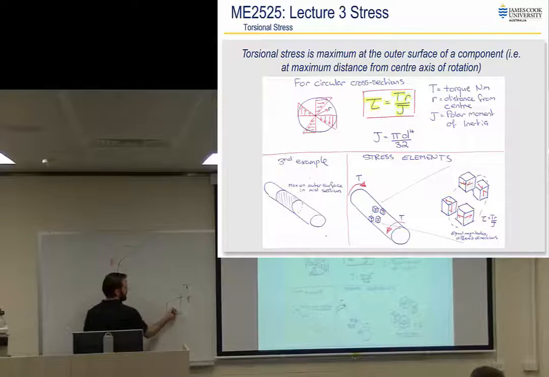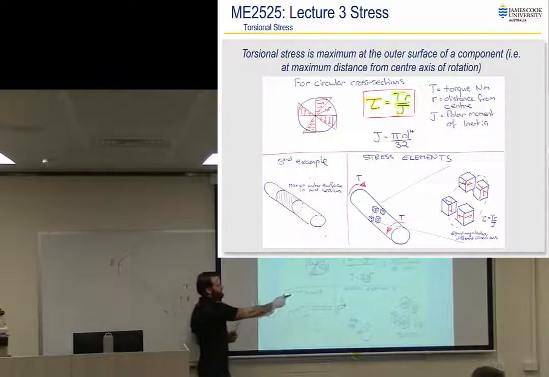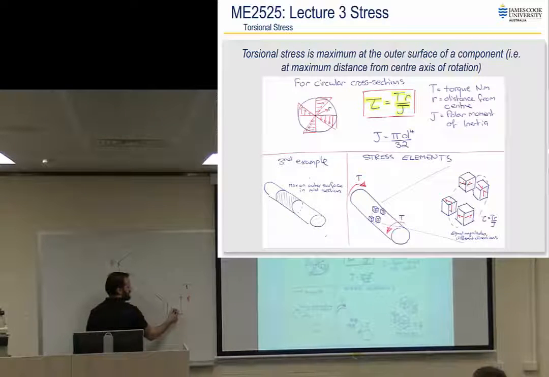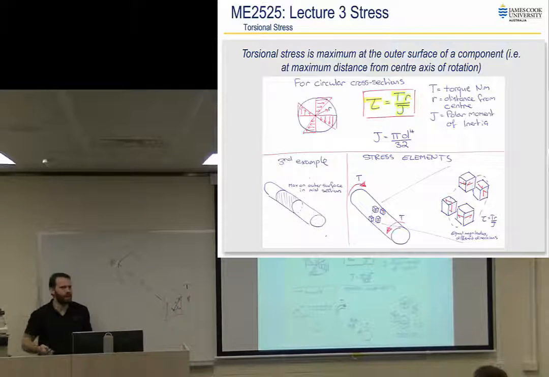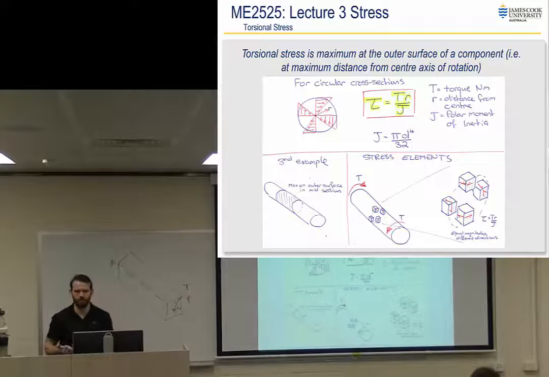Yeah, so the neutral axis is going to be basically in the very center of that cross-section, like so. And the equation still holds, aside from the fact that I use a different value for J. R is longer there than it is there. So wherever my longest R is, that will be the maximum torsional stress. So in this circumstance, that's at the outer corners there.